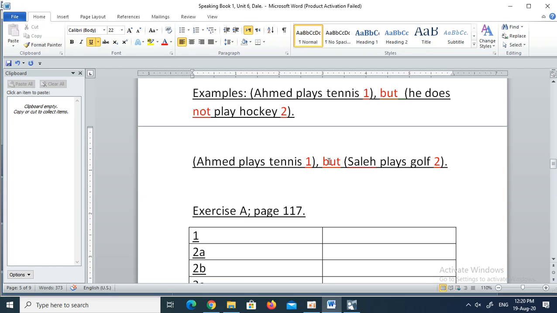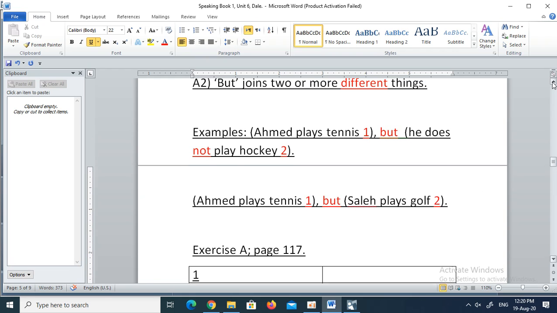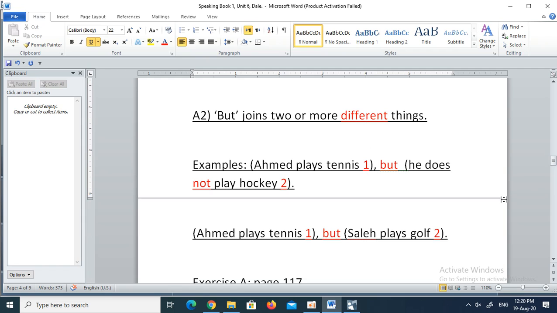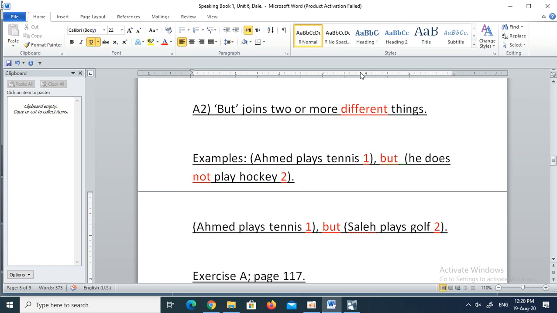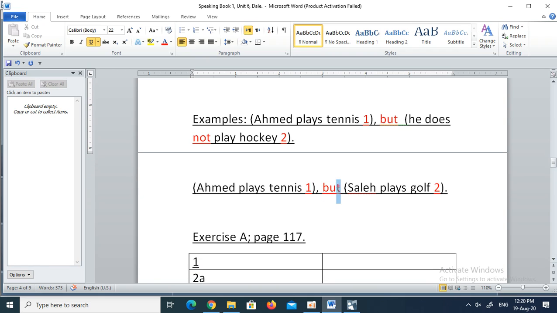All right, but joins those two phrases. Remember, but joins different things. Okay, so if I say Ahmed plays tennis, Ahmed is one person, but Sadi is another person. So because Ahmed and Sadi are different, we are joining different things, and therefore we are using that word but.